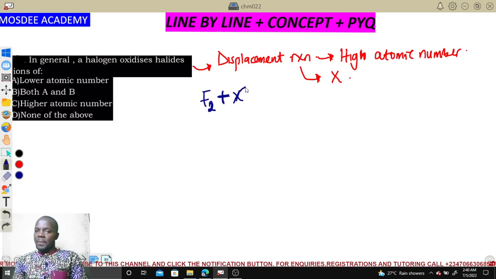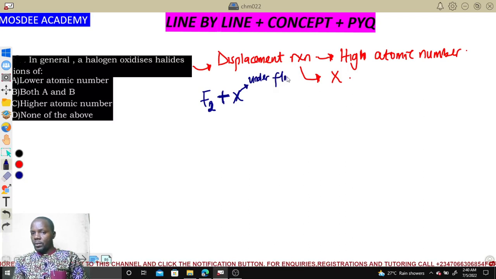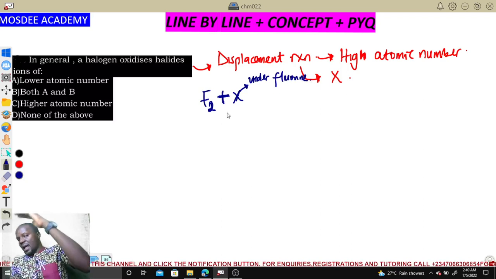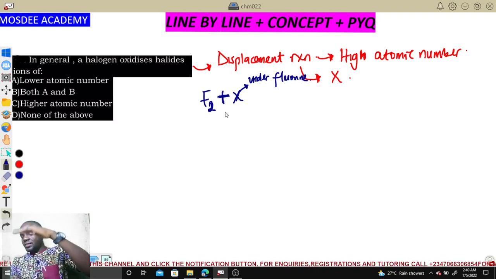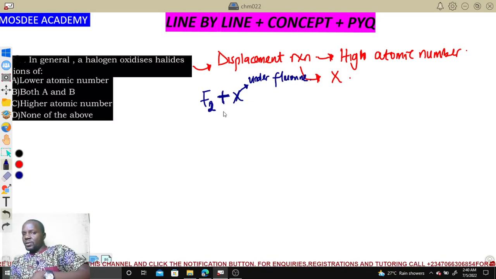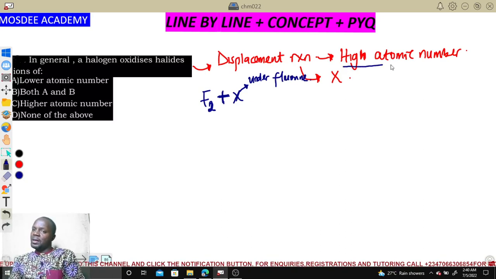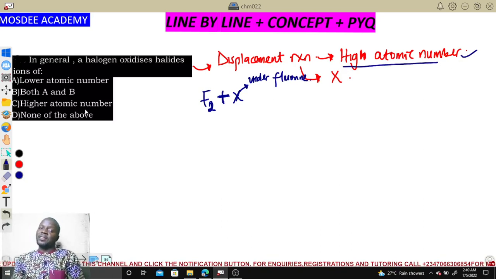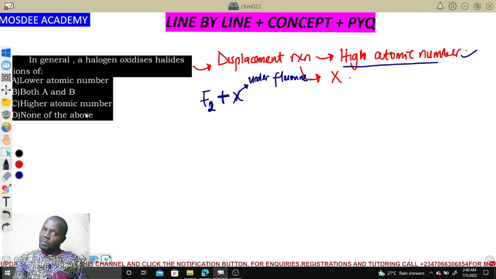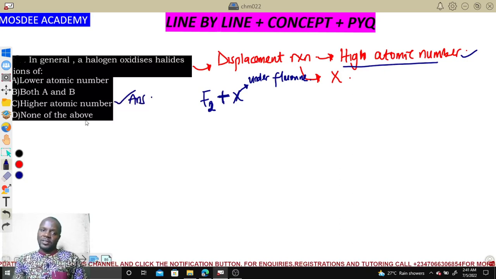So this X can be any metal or any group member that is under fluorine. I hope you are getting it. So fluorine displaces the one that is under it, the one that has higher atomic number than itself. So that's how they work. That is how the oxidizing ability is built. So from the knowledge of your displacement reaction, the answer to this should have been higher atomic number, and that is the answer to that.